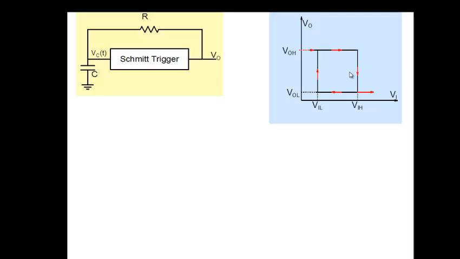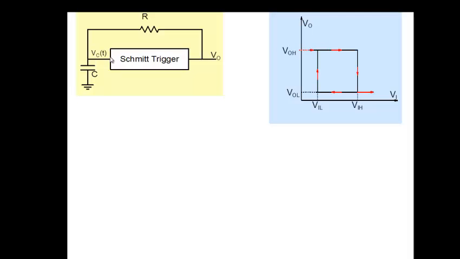What is very interesting about this particular device, the Schmitt trigger, is that it shows a hysteresis. If you note, if you start from a very low input voltage here, in this case, it's an inverting Schmitt trigger. So if you start with very low input voltage, let's say VC is 0, input is 0, then the output is going to be high. We call that value VOH.